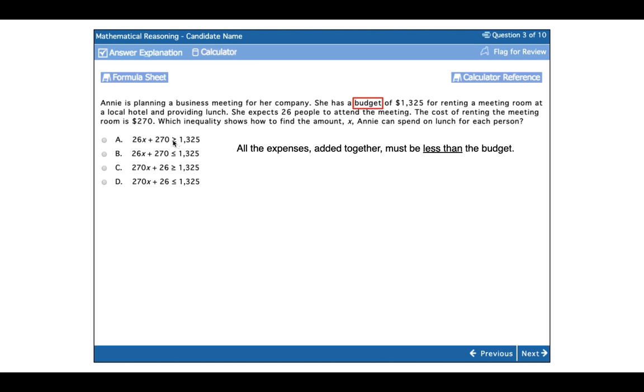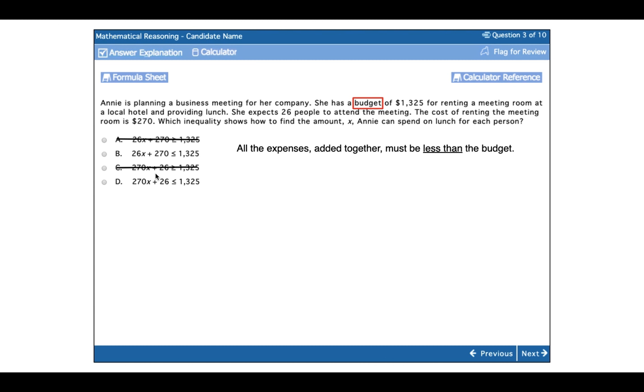I don't know if you remember, this is the greater than sign. Whatever side the open side is pointing towards is the greater than, and the closed side, the little point, is pointing towards the littler than. So we can right away eliminate the ones that say expenses are bigger than the budget. Boom, we're halfway done. We now have a 50-50 shot. We just have to figure out these last two.